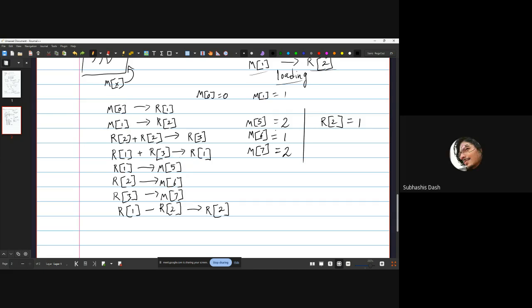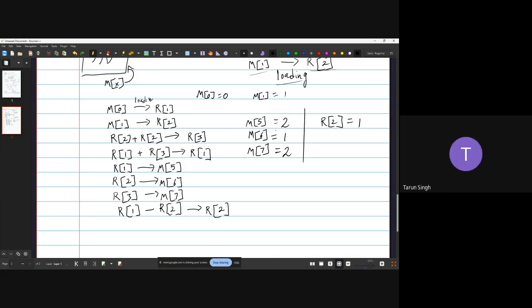Okay? So Ashish, yeah, Tarun. Like here, M0 goes to R1 means it means load. So it means now R1 is 0, right? Yes. And then M1 goes to R2. Then it means R2 value is 1, right? Just use the correct terminology. This is loading.